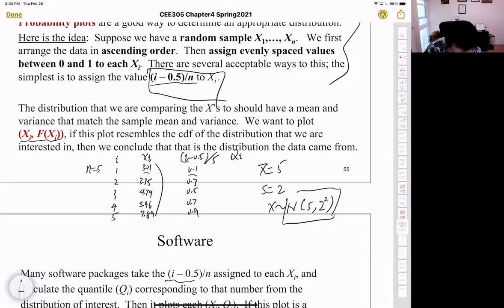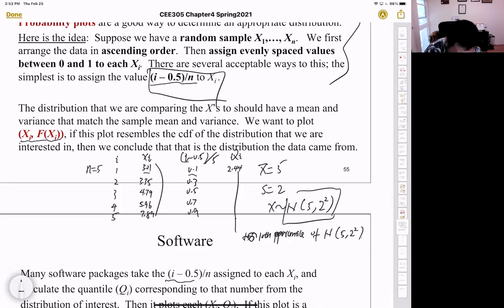The qi is 2.44, which is the 10th percentile of the normal distribution of 5, 2 squared.